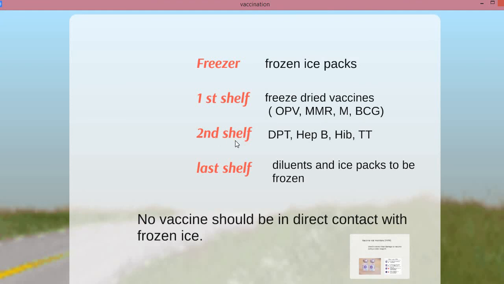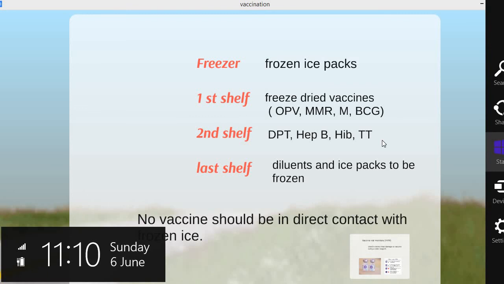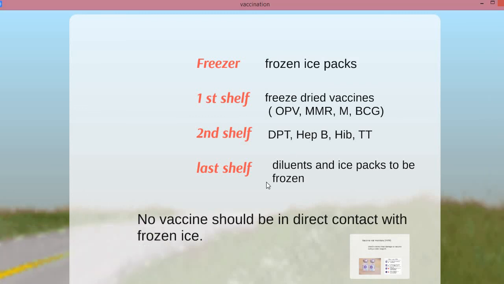The second shelf is used to store the DPT vaccine, diphtheria, pertussis, tetanus, hepatitis B vaccine, Haemophilus B vaccine and tetanus toxoid. The last shelf is used to store diluents and ice packs which are waiting to be frozen. No vaccine should be in direct contact with frozen ice.